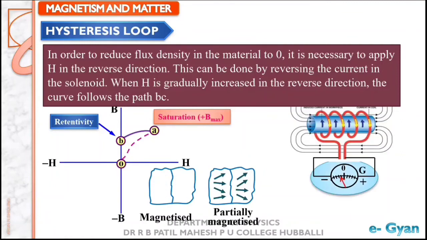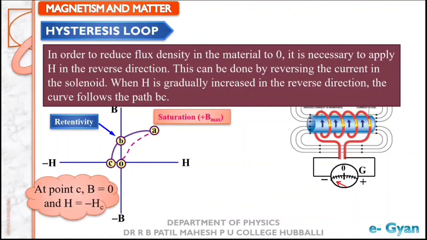If we try that, we observe the current has become negative, and we see that the curve traces to a point C on the x-axis. So at point C, B is equal to 0, but our H value is minus HC, which is in the reverse direction.